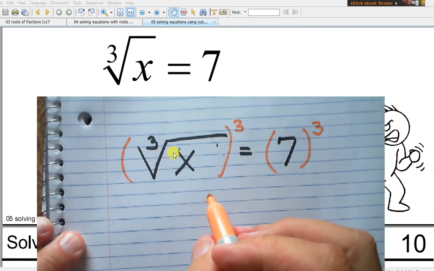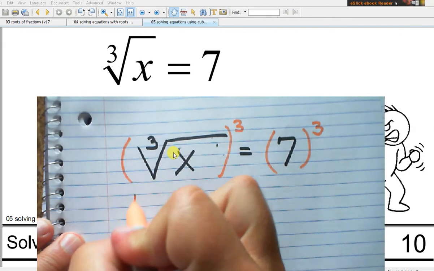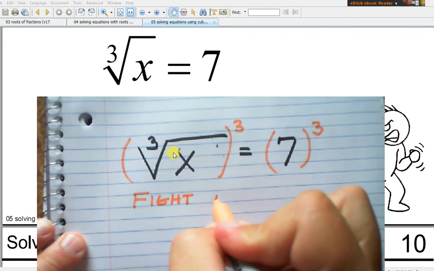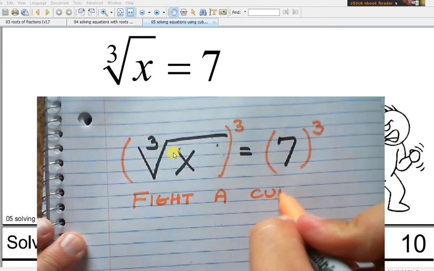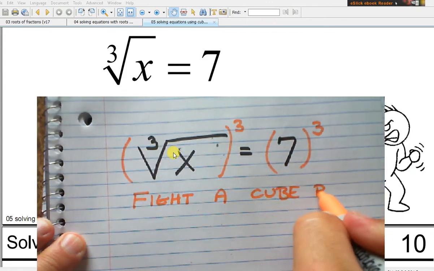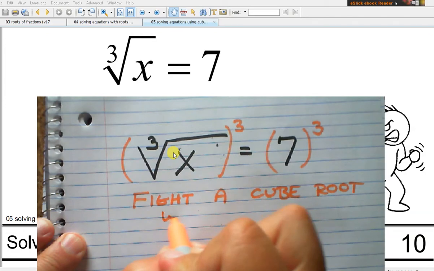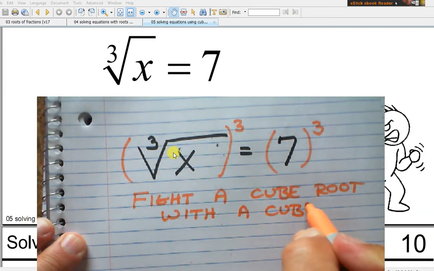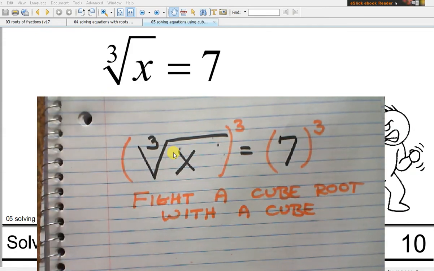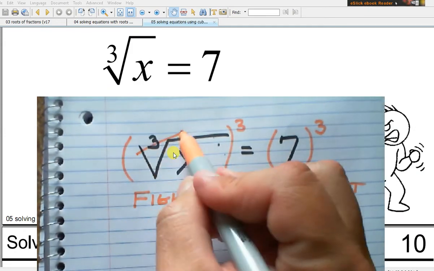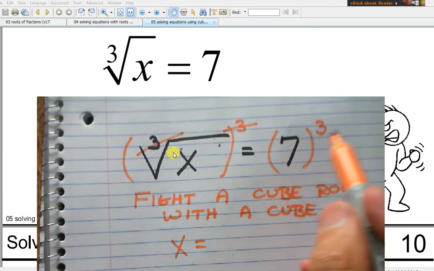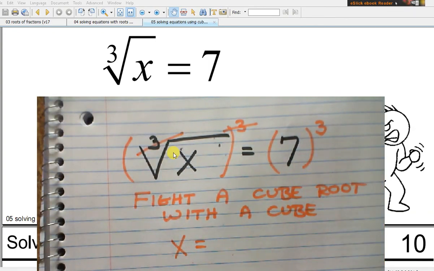We'll put it into our notes. Fight a cube root with a cube. The cube root cancels with the cube, and I'm left with x equals 7 times 7 times 7.